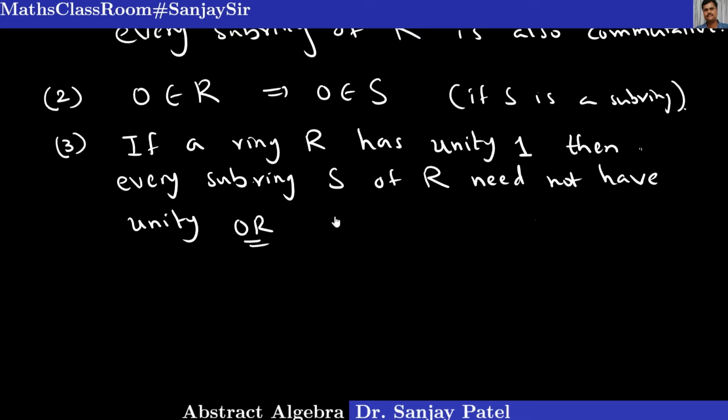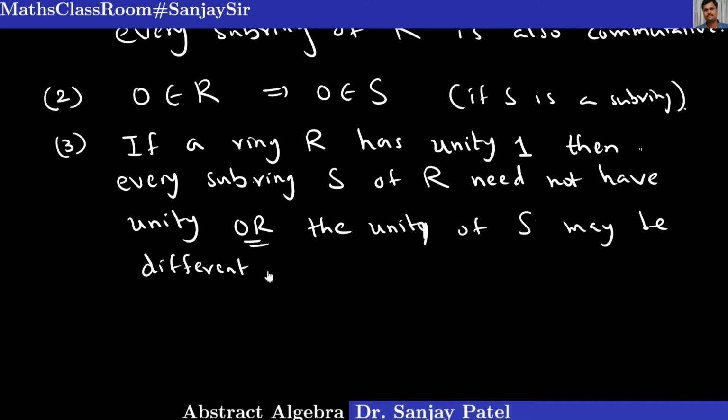Also I can say the unity of S may be different than that of the ring R. Let me explain both of these. There are two things here. For both of these, I will take examples.